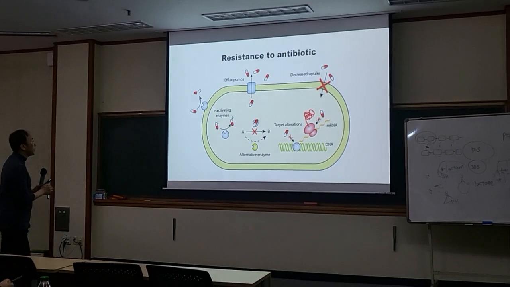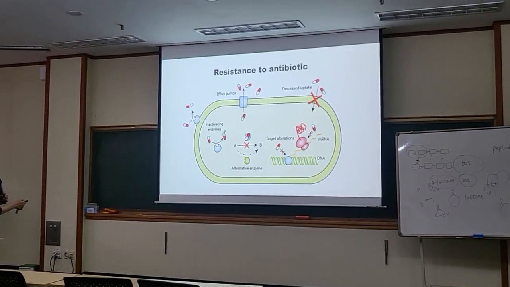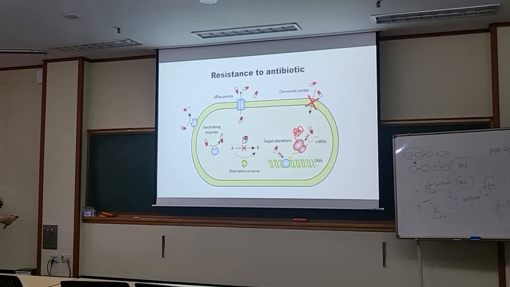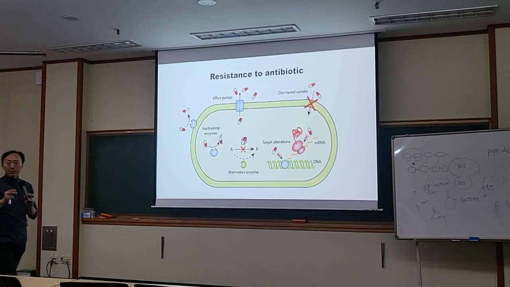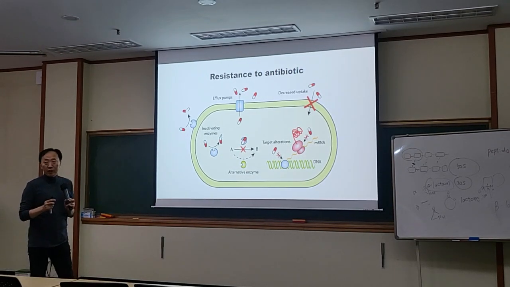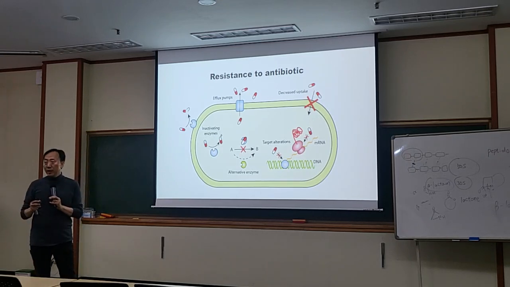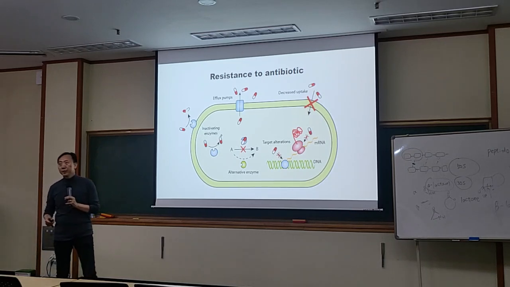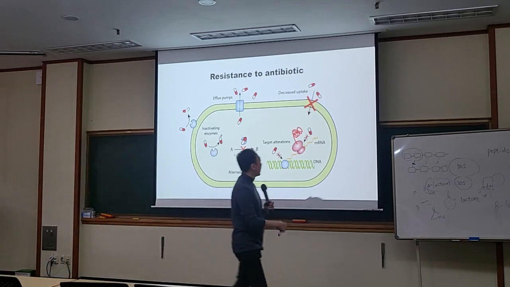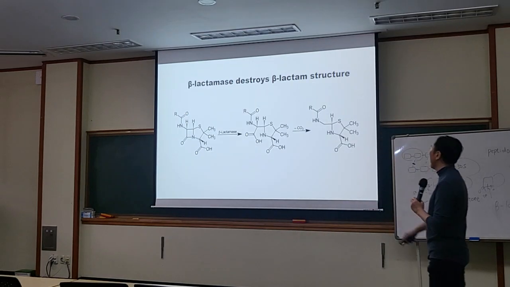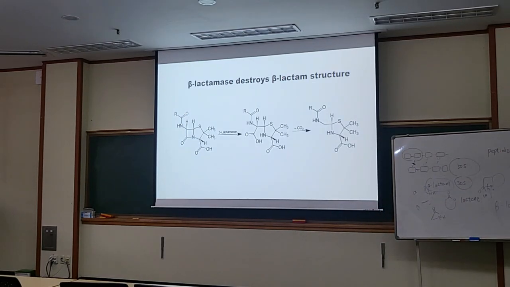So that is physically removing or destroying the molecule, or changing the binding target. Let's say the penicillin binding protein changes its structure and no longer binds to penicillin. It keeps evolving, generating new types of resistance. So these are some examples of resistance mechanisms. Beta-lactam structure can be destroyed by hydrolysis, generating an inactive form, and then the enzyme can be recycled to attack another beta-lactam structure.